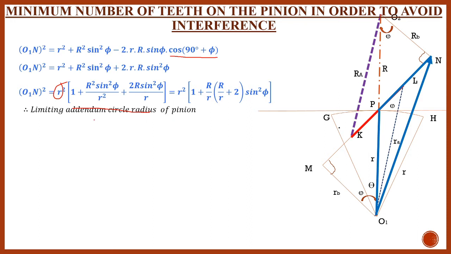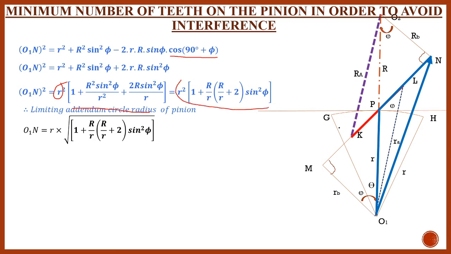Again the limiting addendum circle radius of the pinion, which is O1N, is equal to the square root of this total term, which is r into the square root of this.